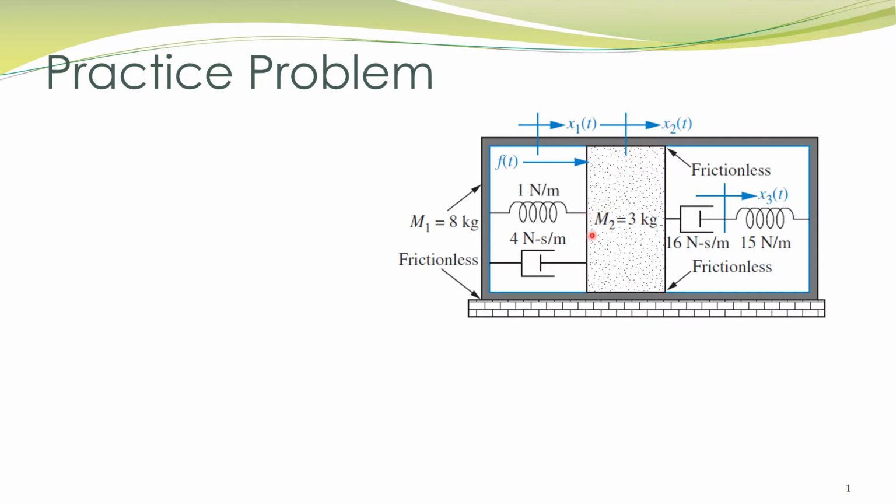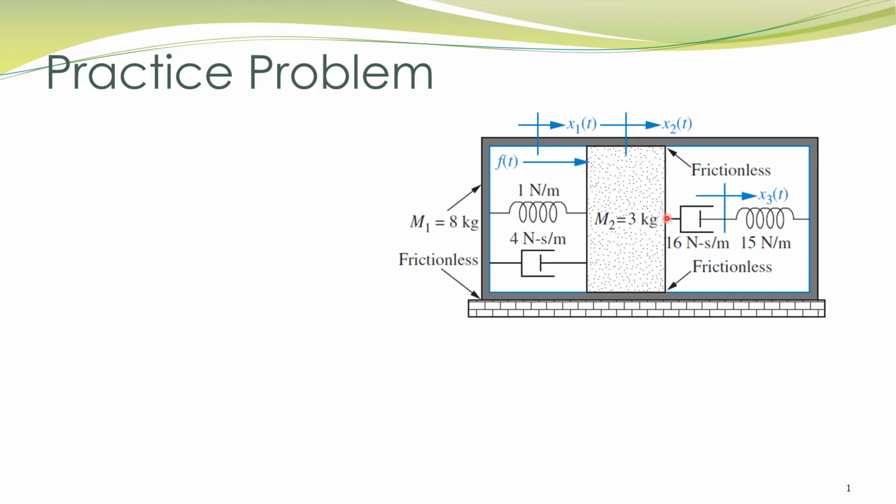This end has displacement x2. This mass also has displacement x2. Since this is a rigid mass, this side and this side both have the same displacement, and that is x2.